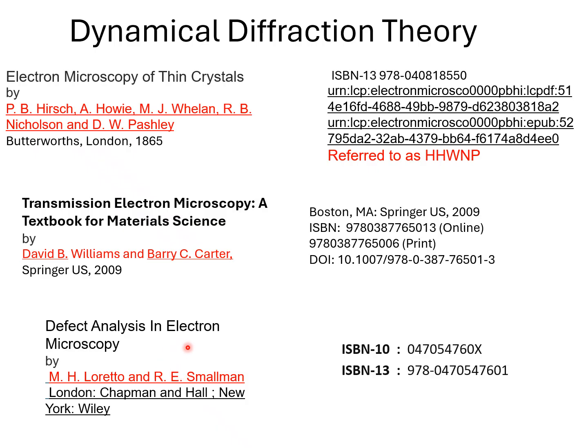And when it comes to defect analysis, my old supervisors, Loretto and Smallman, produced a very nice book which is useful for students of electron microscopy who only want to use the fact that Bragg diffraction occurs in order to analyze microstructures.